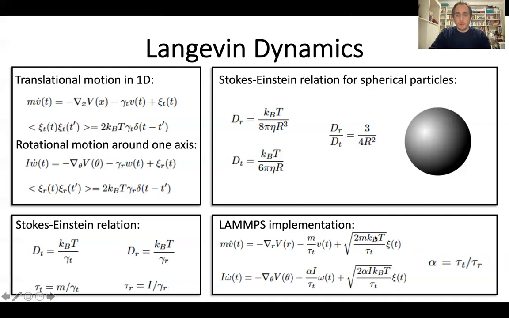but they have to do a correction, and I also explain that in my notes. What we have here is the relation for the translational motion and the rotational motion. As you can see, we use the damping time of the translational motion for both cases, and just have this scaling factor for the relation between the damping time for translational and the one for the rotational motion.